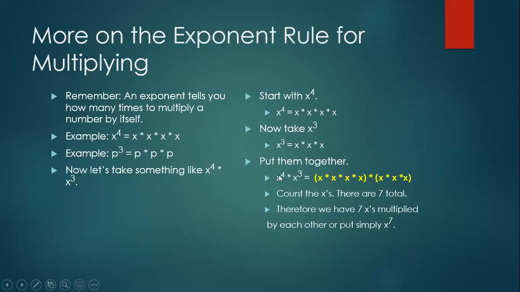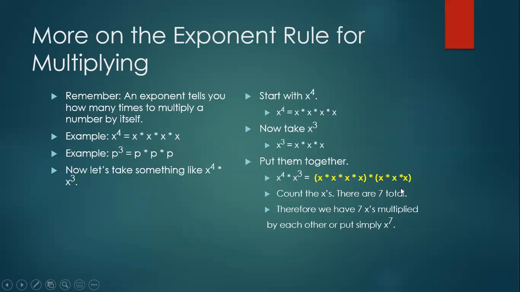So x to the 4 times x to the 3, if we write everything out, is x times x times x times x, x to the 4, times x times x times x, x to the 3.